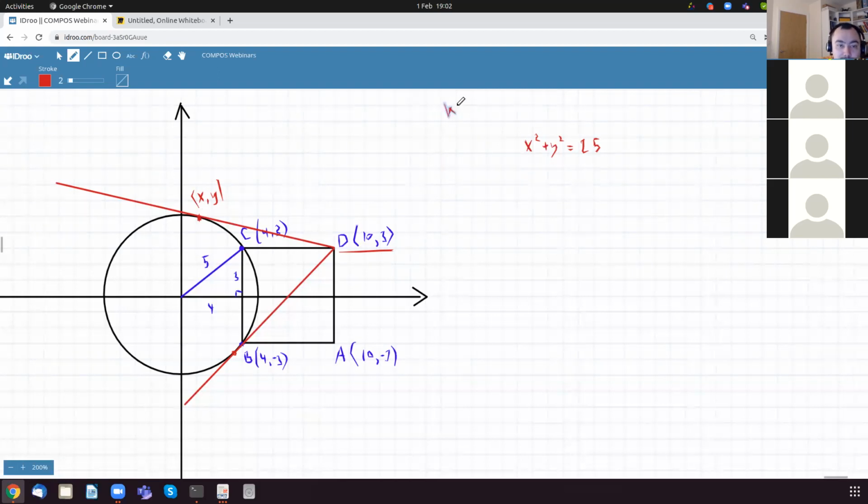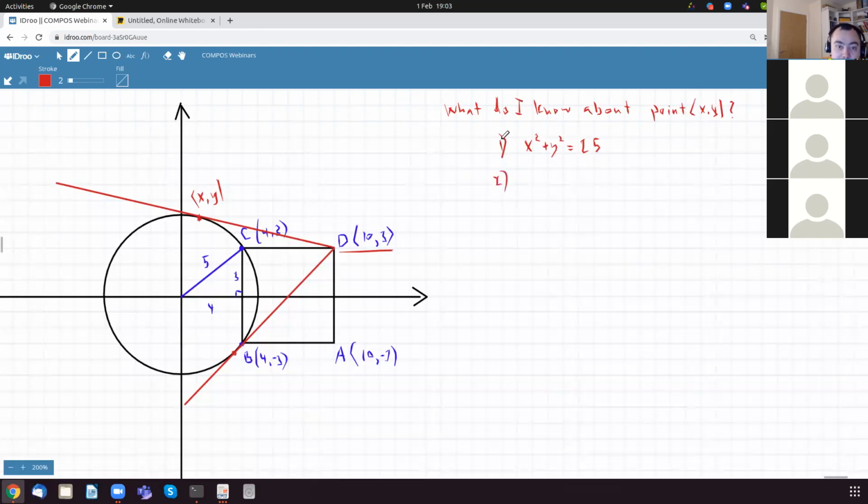So what do I know about point x, y? This is the question I'm trying to answer. Well, first thing, I know this.